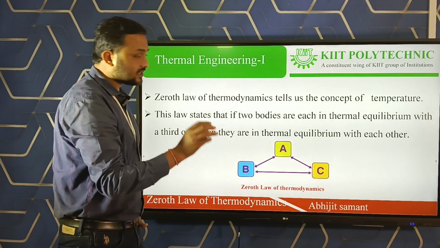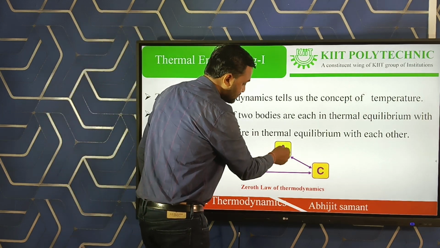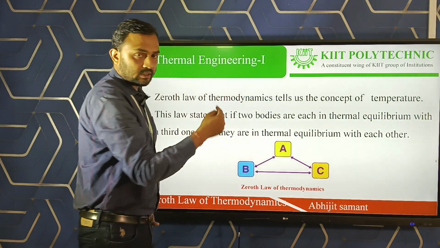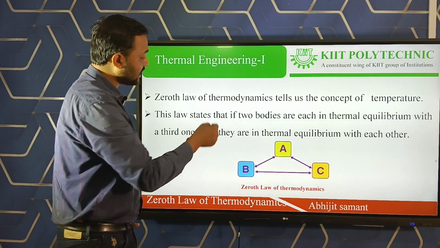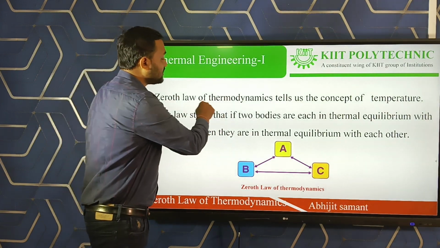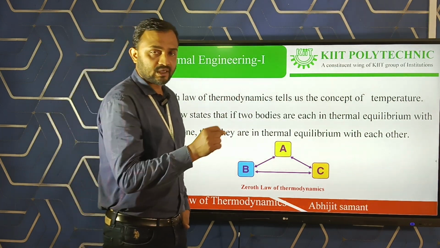It means that if the temperature of A is 25 degrees centigrade, then the temperature of B is 25 degrees centigrade and C is 25 degrees centigrade. So that's why the zeroth law of thermodynamics tells us the concept of temperature.